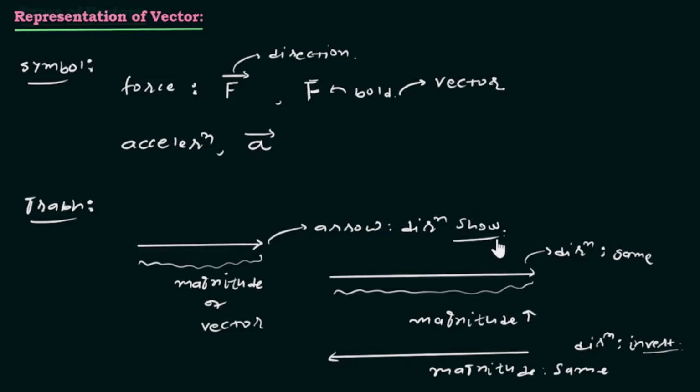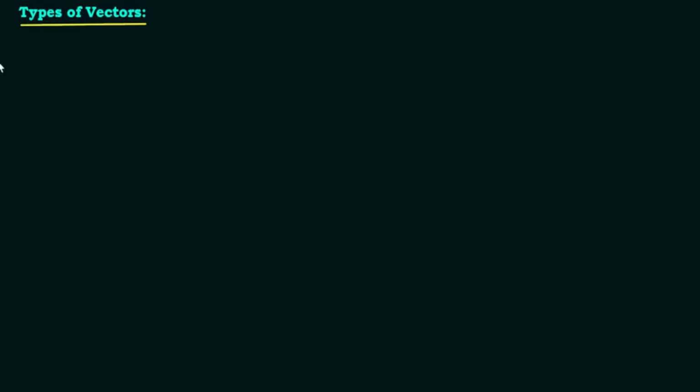Now let us look into the types of vectors. Our first type of vector is the parallel vector. Parallel vectors are those vectors which have the same direction.